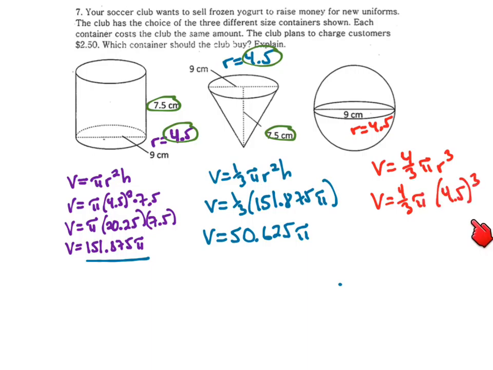Figure out what 4.5 cubed is. Multiply our numerator times that number, then we're going to divide by our denominator. Unless, would that have divided? No, that doesn't divide evenly by 3, so divide by 3.